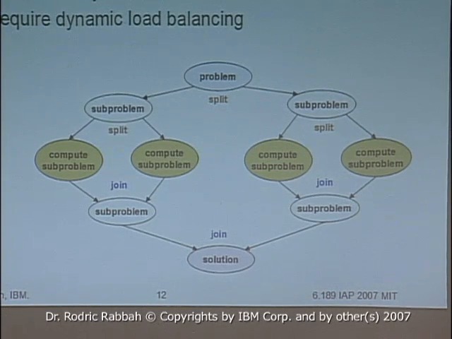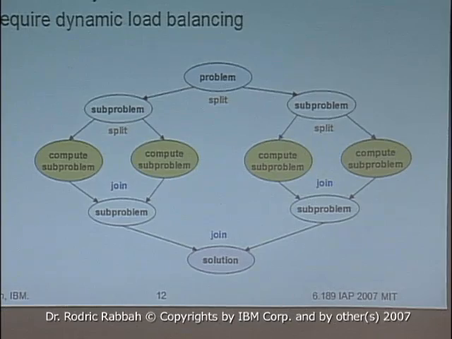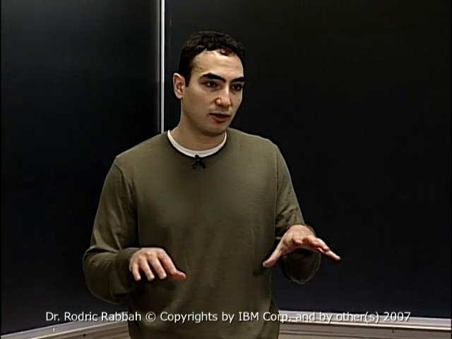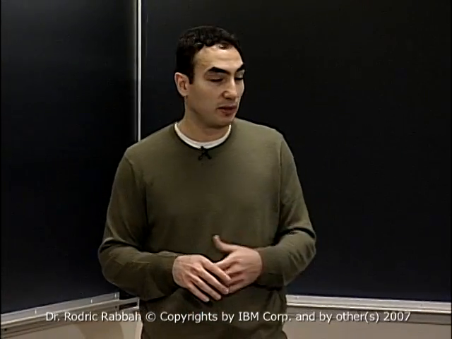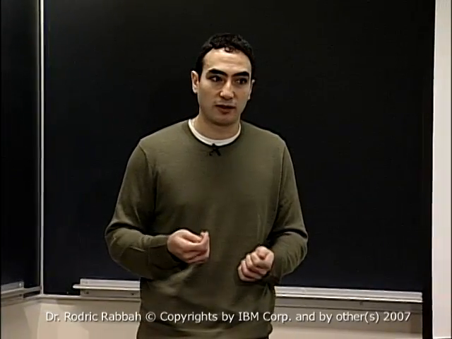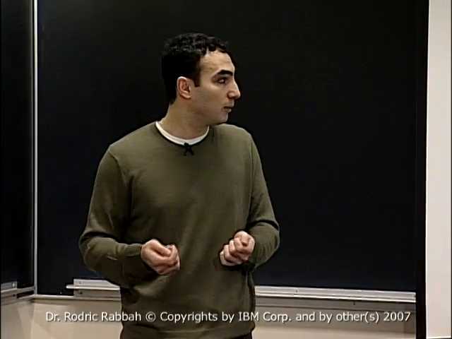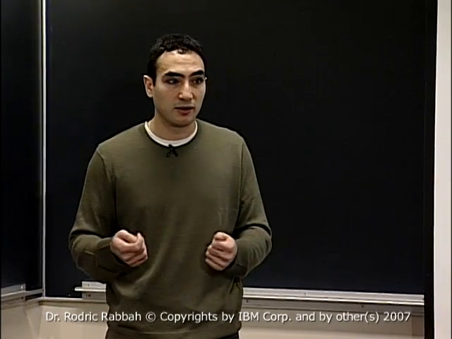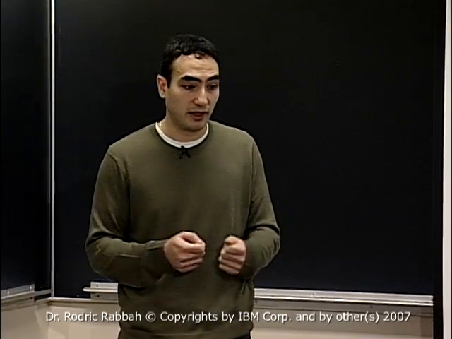As opposed to some of the other mechanisms where static load balancing works really well, and to remind you, static load balancing says you have some work, you assign it to each of the processors, and you're relatively happy with each processor's utilization over time. Nobody's going to be too overwhelmed with the amount of work they have to do. In this case, you might need dynamic load balancing that says, I'm unhappy with the utilization. Some processors are more idle than others, so you might want to redistribute things.